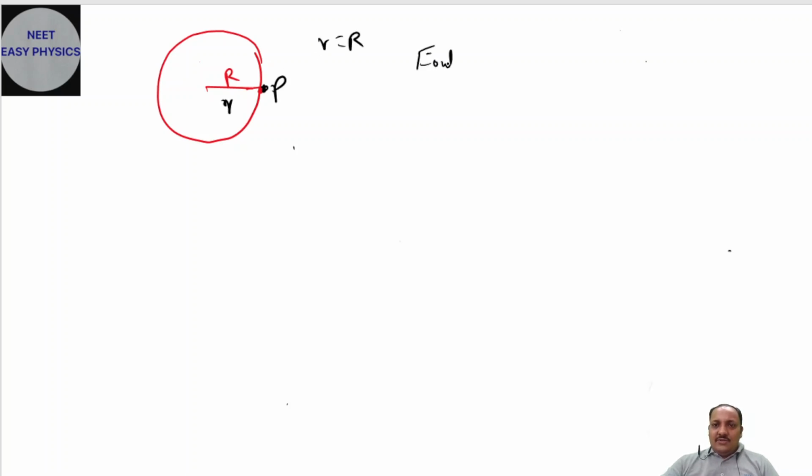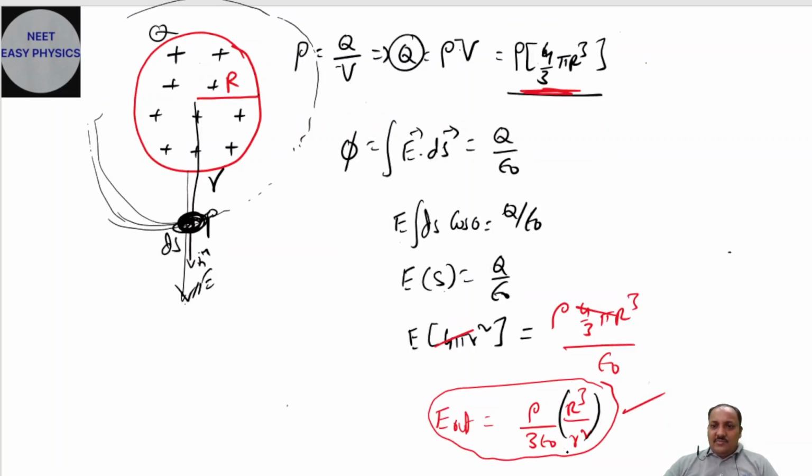So E outside, how much did we get? Rho by 3 epsilon naught, capital R cube by small r square. Correct?